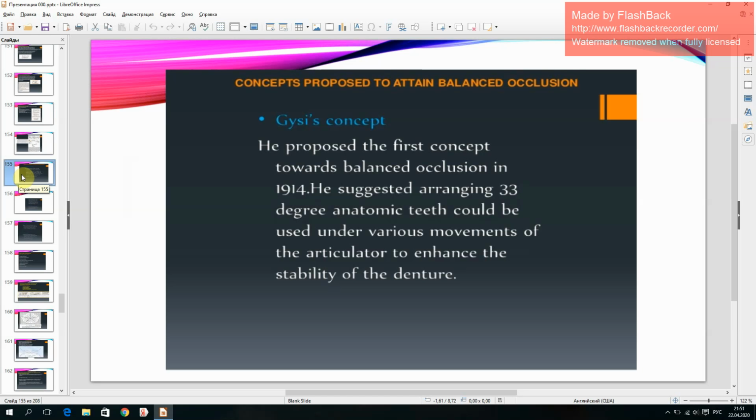Concepts proposed to attain balanced occlusion. Gysi's concept: he proposed the first concept towards balanced occlusion in 1940. He suggested arranging 33-degree anatomic teeth, which could be used under various movements of the articulator to enhance the stability of the denture.